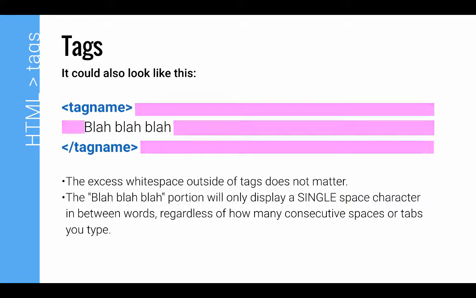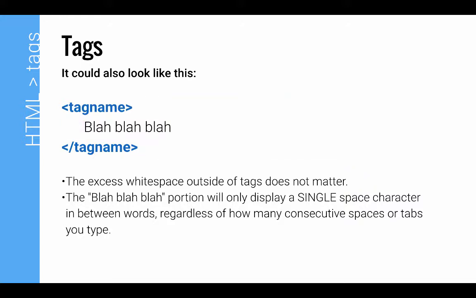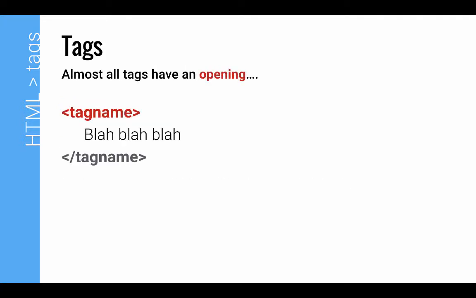That white space does not matter. The blah blah blah portion will only display a single space character in between words also, regardless of how many consecutive spaces or tabs you type. So like that tab that is tabbed in where it says blah blah blah, that wouldn't show up as a tab. It wouldn't show up even as a space actually. It just would show blah blah blah. Okay, it just ignored it.